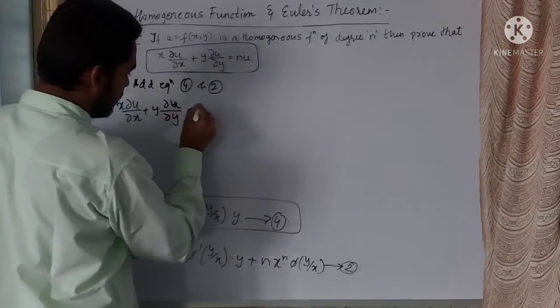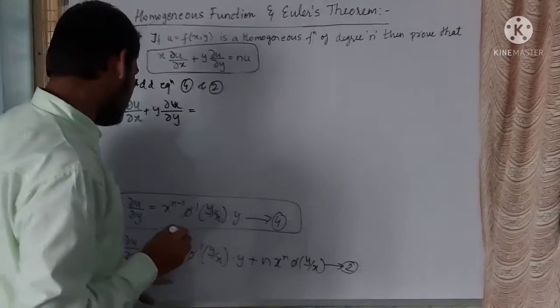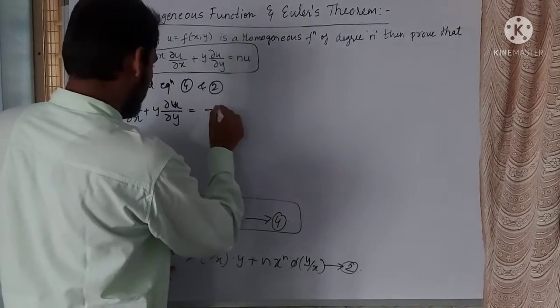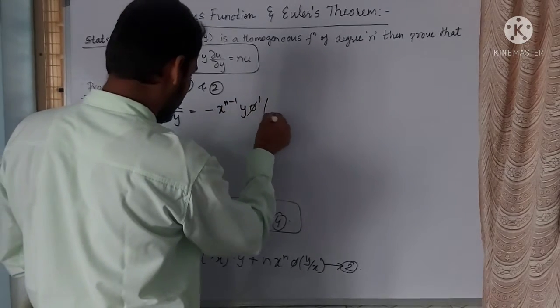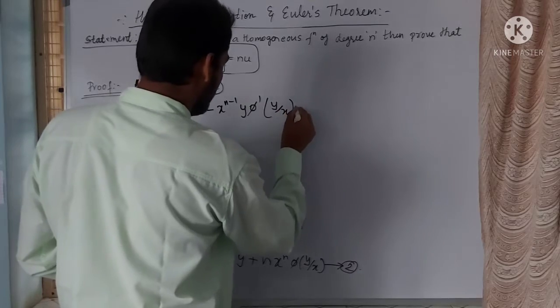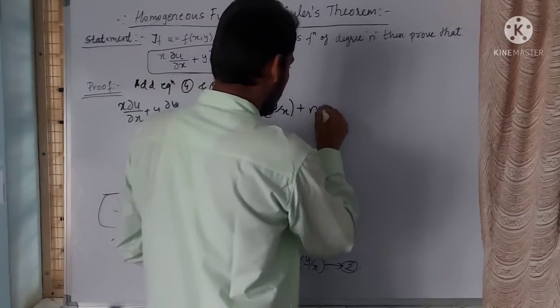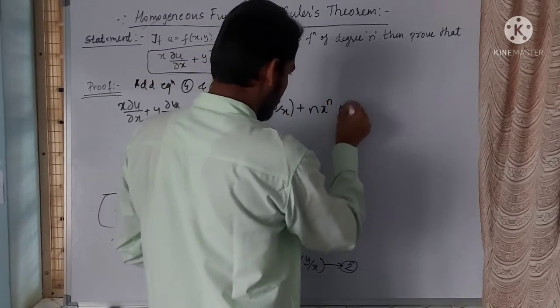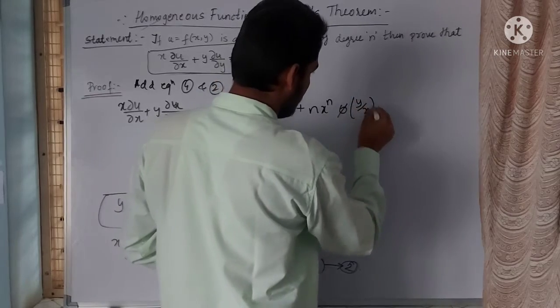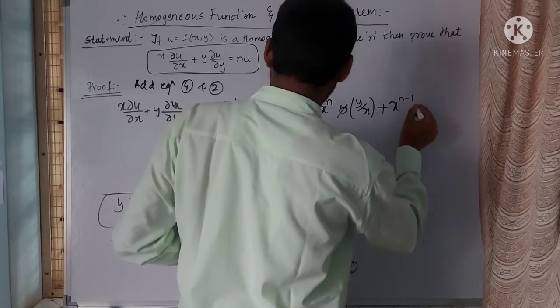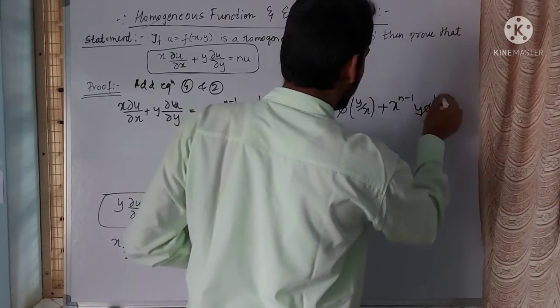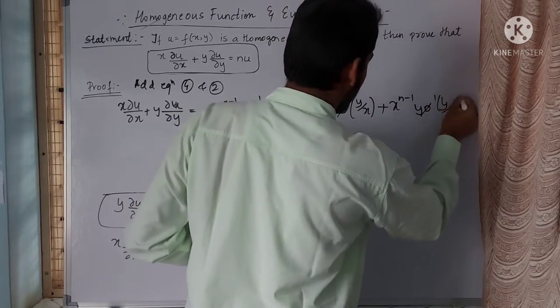This is the LHS, and the RHS is minus x raised to n minus 1 y phi dash of y by x plus n x raised to n phi of y by x plus x raised to n minus 1 y phi dash of y by x.